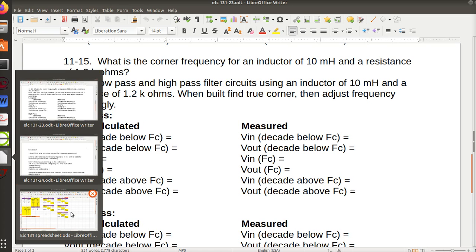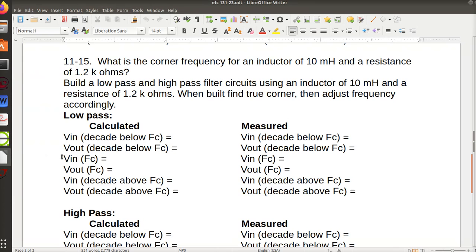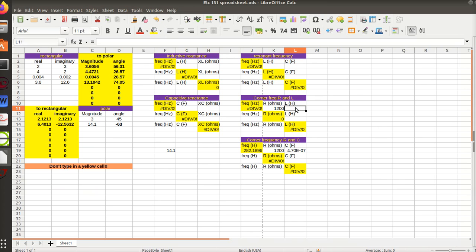So if I go to my trusty spreadsheet and resonant frequency, corner frequency for R and L. So my R is 1200 and my L, I gotta go back, 10 millihenries, which is 0.01 henries, because you got to be in henries, so that's 0.01, enter.